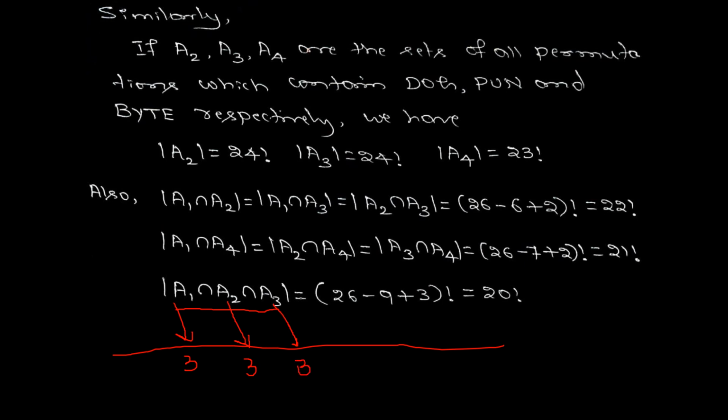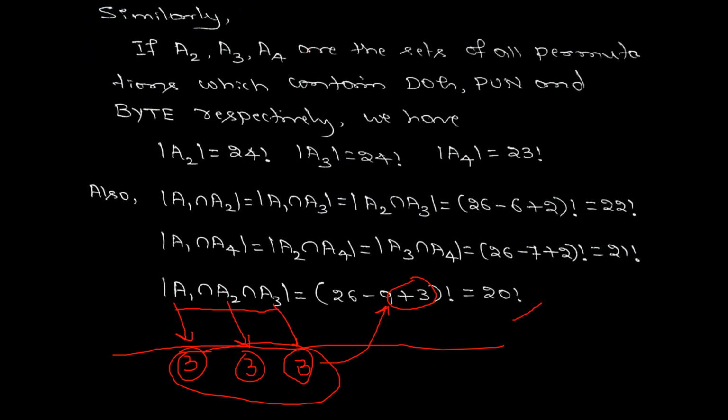So we remove 9 letters and we add 3 symbols, because each word will be taken as a single block. So 3 blocks we are adding here, which gives 20 factorial.